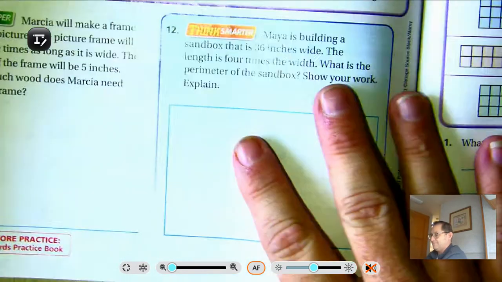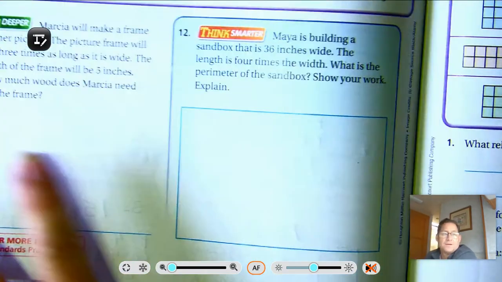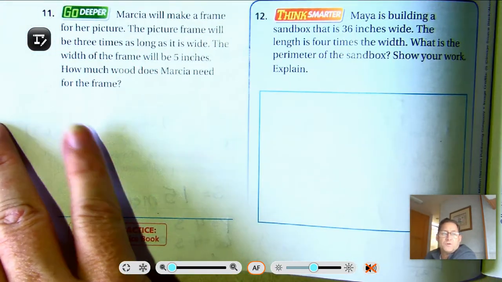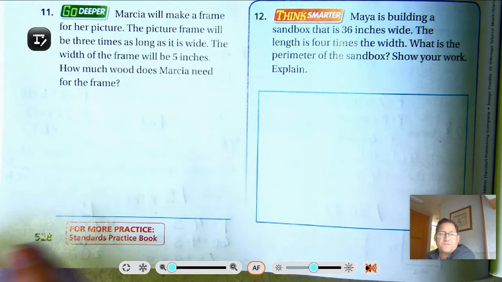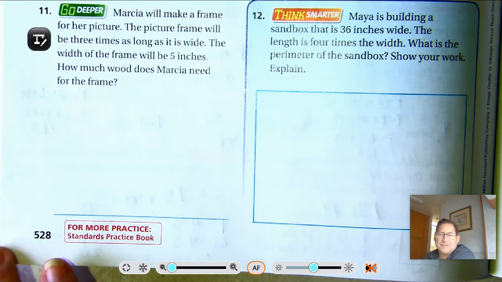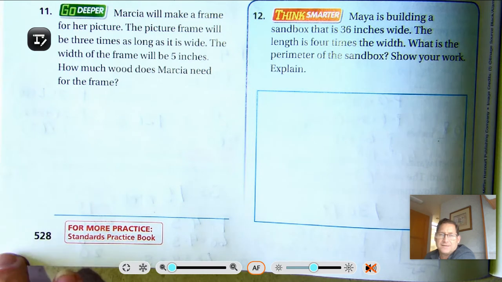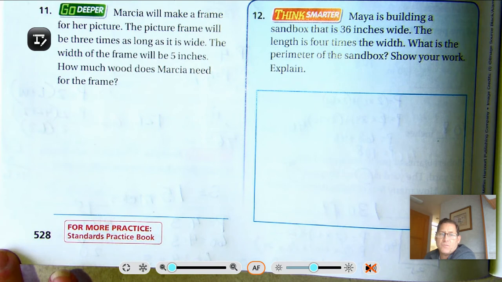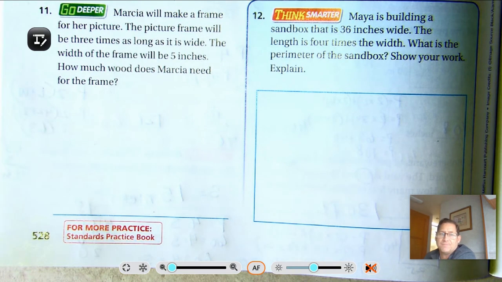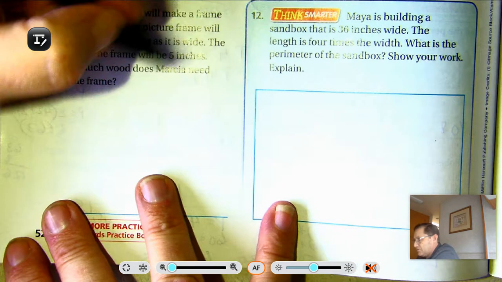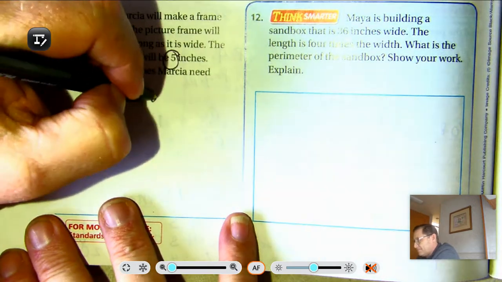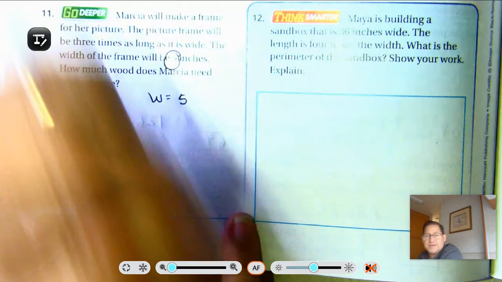And number 11. Marcia will make a frame for her picture. The picture frame will be 3 times as long as it is wide. The width of the frame will be 5 inches. How much wood does Marcia need for the frame? Okay, so the width is 5. I'm going to say W equals 5.